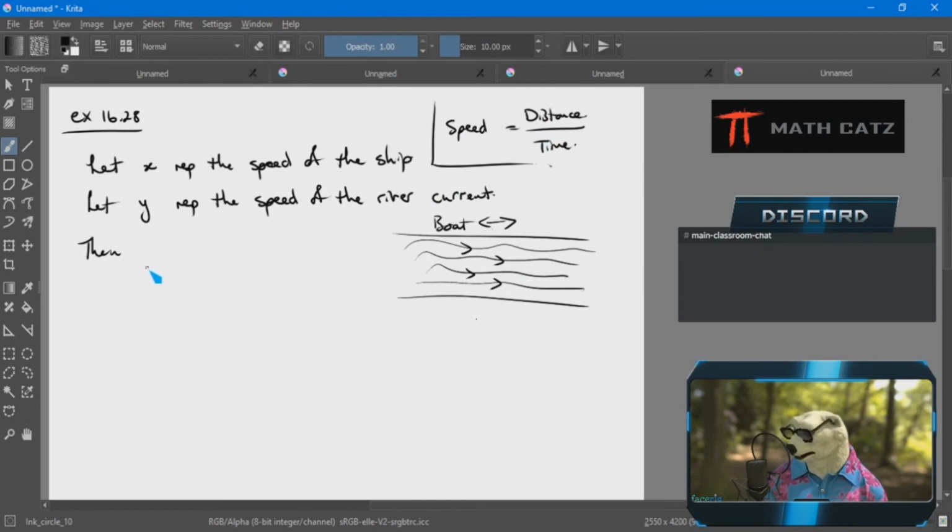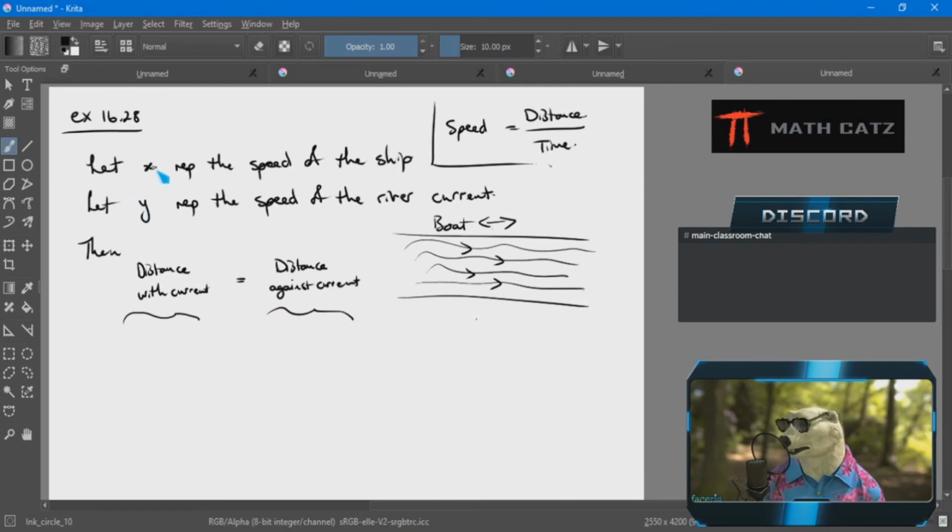So let's say the distance with the current is going to be the same as the distance against the current. They're going to be the same. So now I just have to use my variables to represent this situation.